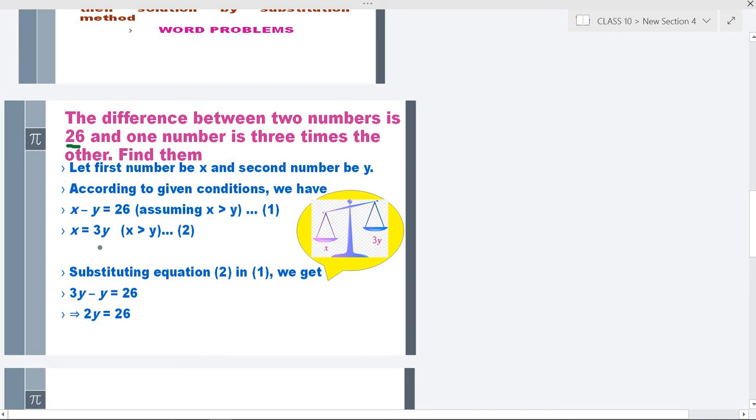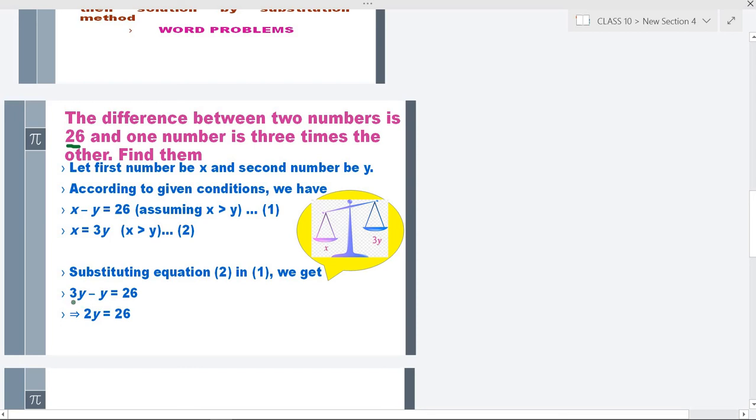Whichever you find convenient, in that way you start substituting the values. So you have to take the decision instantaneously. Here we see this is the direct value of x, so we will substitute it directly in equation 1. Now replace x with 3y. So you get 3y minus y is equal to 26.